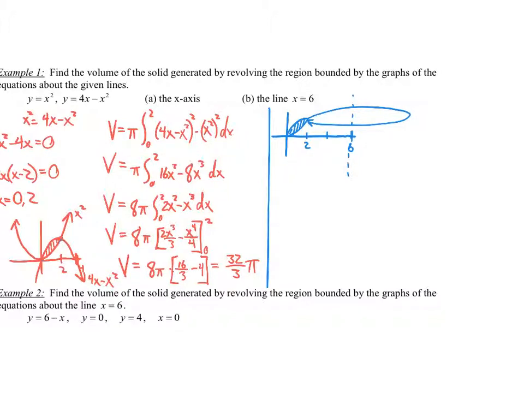Notice here, instead of going from 0 to 2, we're actually going to go from 0 to whatever that y coordinate is. In this case, it happens to also be 2 because this intersection point was the point 2, 2. But understand here, when we integrate, we're going to be using y coordinates, not x coordinates. Okay? Because we're going to do horizontal.